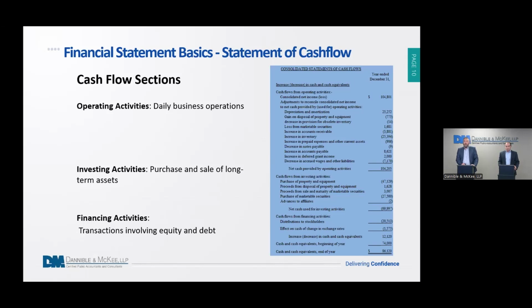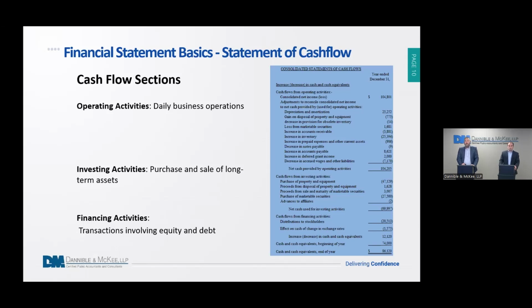So the first section is your operating activities, which is really your daily business operating activities. So it really takes your current assets and your current liabilities and looks at those changes. So as you grow your business, your accounts receivable might increase. If that happens, you're going to use cash to finance all your customers. How are you going to get there? Are you generating enough cash to get by?